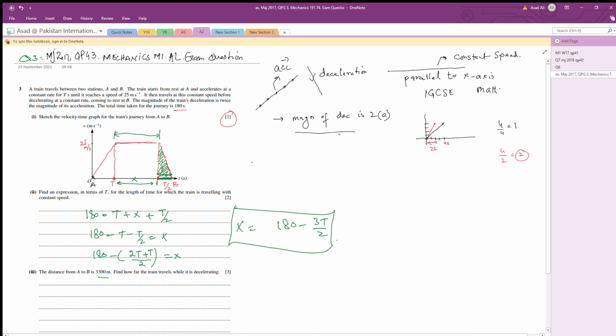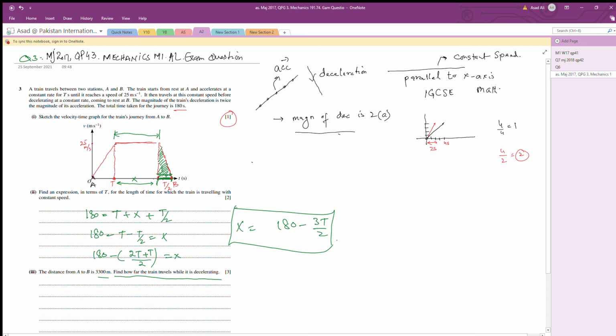So this time is the time where the deceleration occurs. Look at this sentence: how far the train travels while it is decelerating. For how many seconds is it traveling when the train is decelerating.